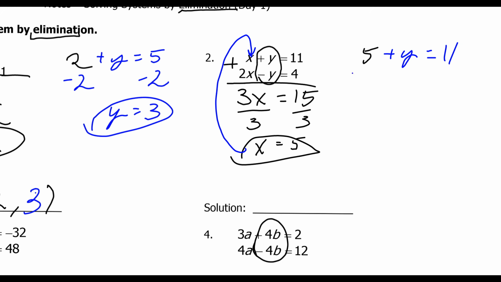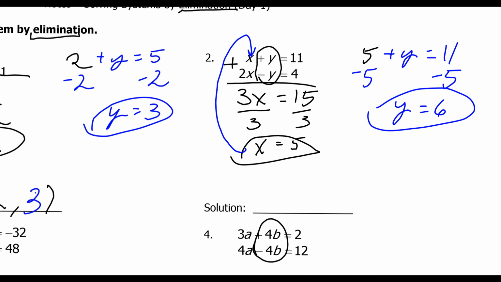So we're going to minus 5 from both sides, and we got y equals 6. So our final answer is going to be 5, comma, 6.